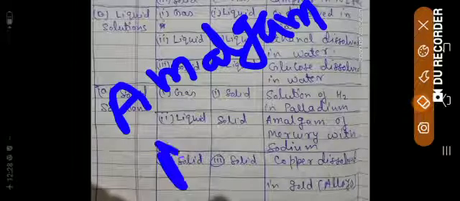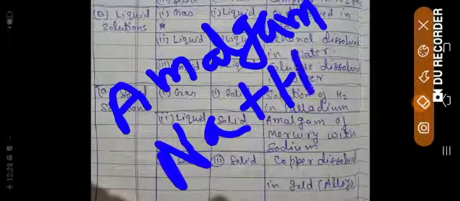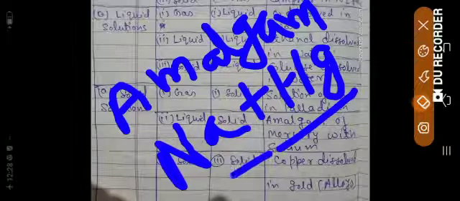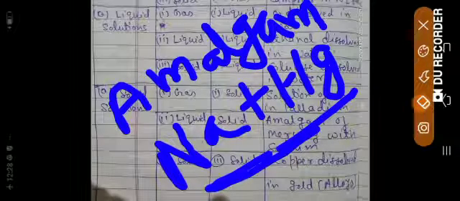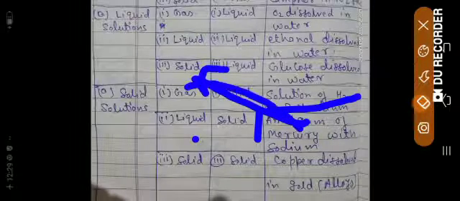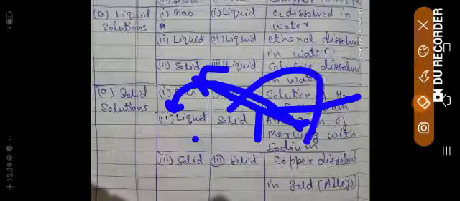Any alloy with mercury is known as amalgam. Not only sodium, mercury is also present. So look at this. What is in excess? Solid is in excess and liquid is in lesser amount. So you know the amalgam of mercury. Mercury is in a liquid state. So mercury is the liquid in this type of solution, and sodium is a solid.